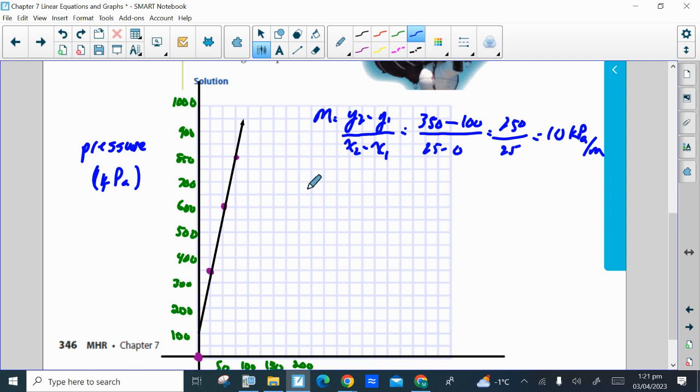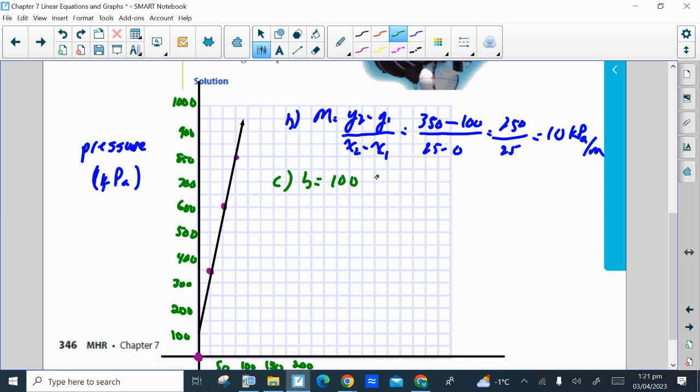So the B parameter, right, this was part B when we found the slope. Part C is asking for the B parameter, which is the y-intercept. It's 100. So this is the pressure that's being exerted on the side of the submarine when the depth is 0, meaning that the submarine is on the surface.